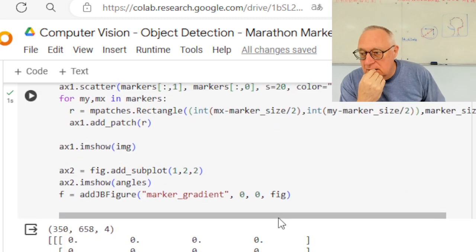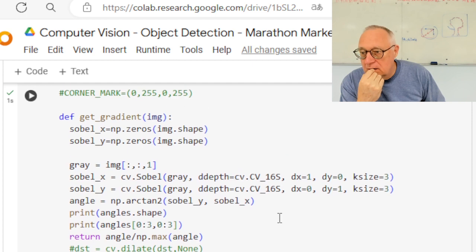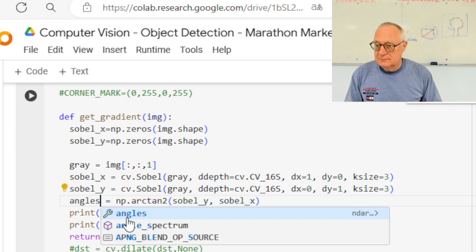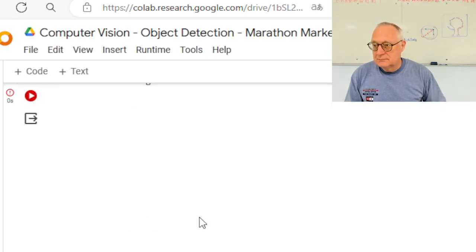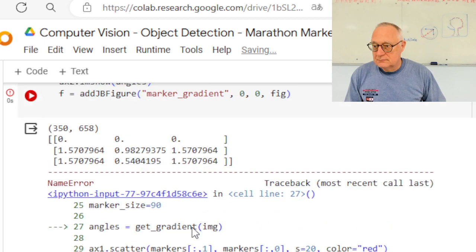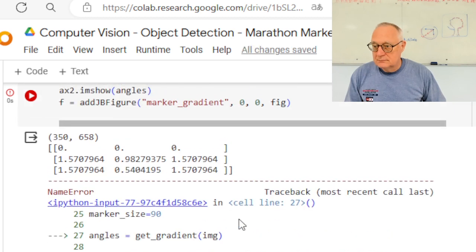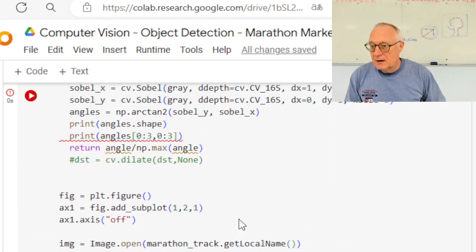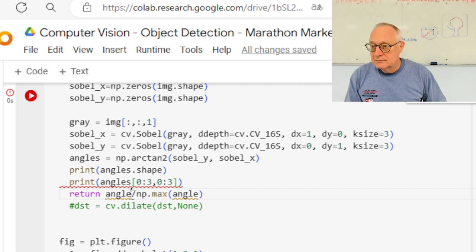Is angle still 4? Angles. Name angle is not defined. And here I want to show the data type too.